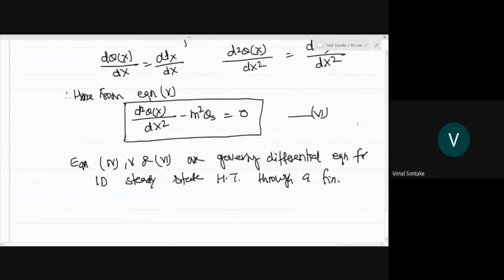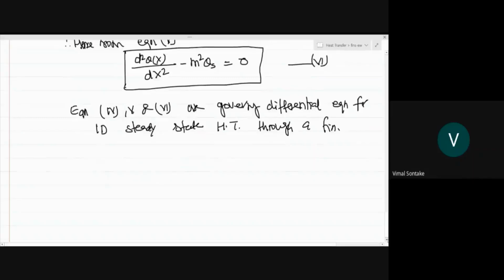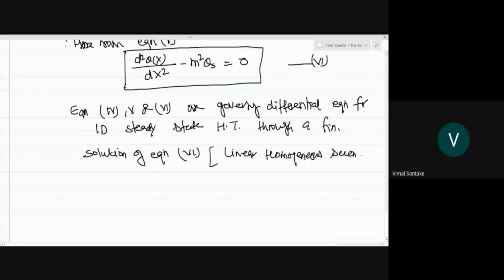Equation 6 is nothing but a linear homogeneous second order differential equation, and its solution is given by theta, that is the excess temperature at any location x.